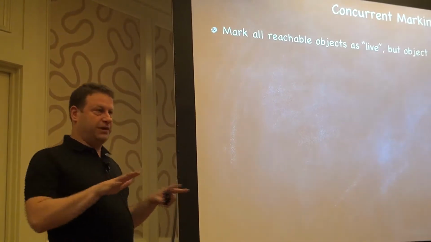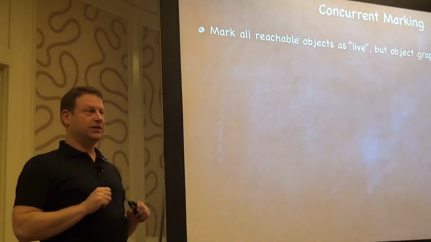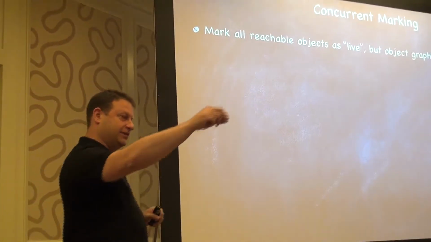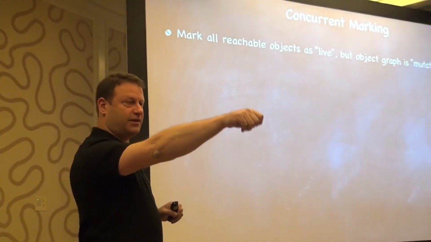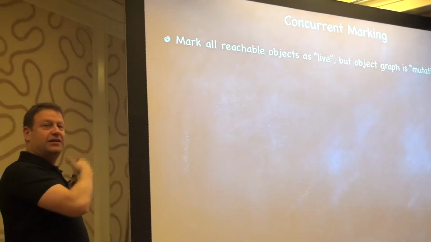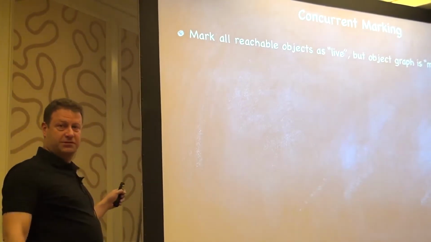We're going out there painting everything we can reach, and if nothing moved, we'll find all the live objects. However, the mutator might take a reference to an object I have not yet visited, put it into an object I have visited behind my wavefront, and then get rid of all the other references to it.